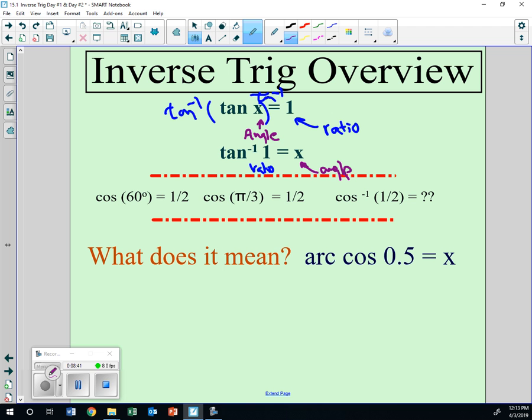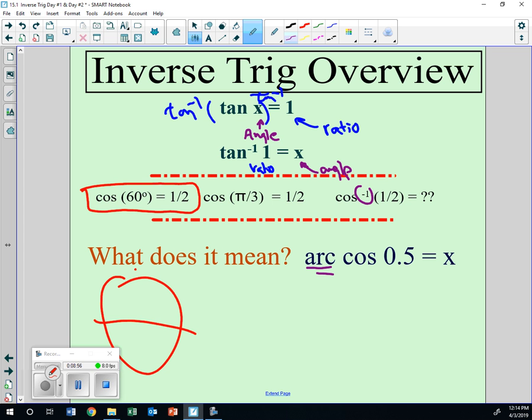So what, right? The one thing you might be bugged by is this arc and inverse. So let me just straighten that out right now. If I take the cosine of 60 on the unit circle, here's where 60 is. The coordinate is 1/2, square root of 3 over 2. The cosine of that is 1/2, right?